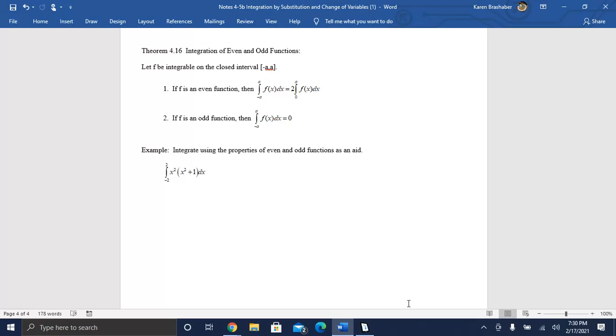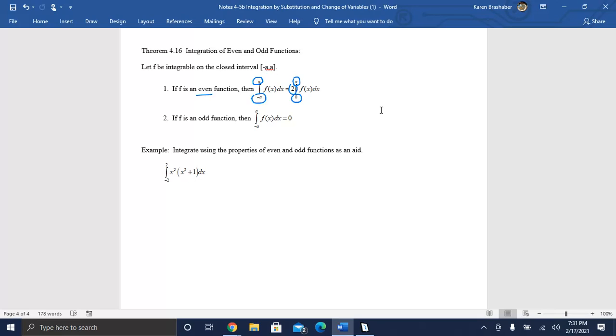If you have an even function and you are integrating that function from negative a to positive a, then it would usually be easier to just integrate that function from 0 to a and double your answer. You can simply integrate from 0 to a and then double your answer.